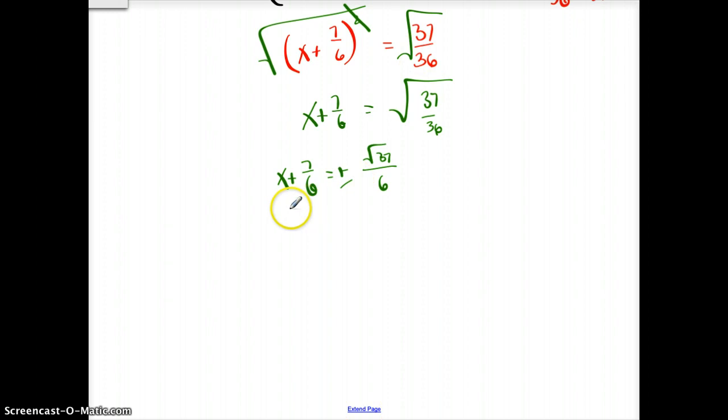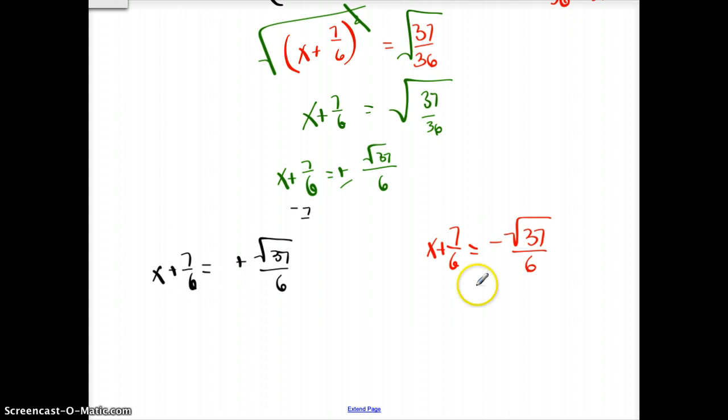Let's write two answers. X plus 7 over 6 equals positive square root 37 over 6, and I have a negative answer. X plus 7 over 6 equals negative square root 37 over 6.